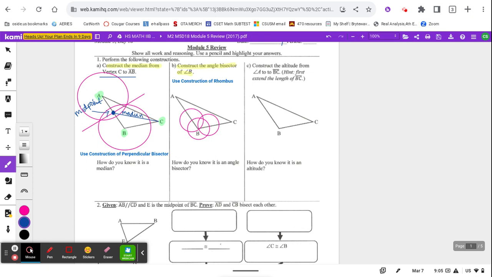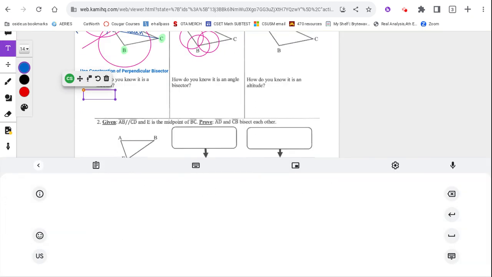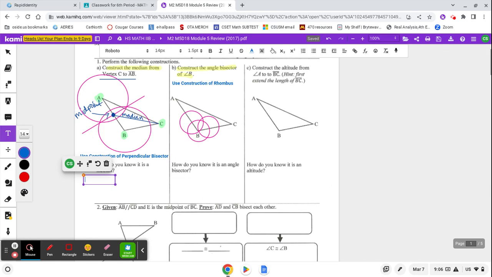So how do we know it's a median? We know it is a median because it is connected from the midpoint to the opposite vertex.